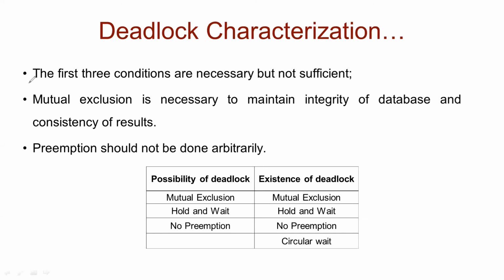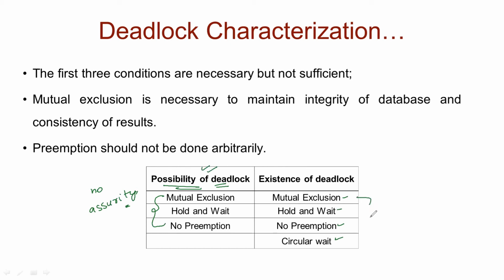We know that the four conditions are mutual exclusion, hold and wait, no preemption, and circular wait. If these three conditions exist in your system, then there is possibility of deadlock. There is no assurance. But yes, there is possibility of deadlock.